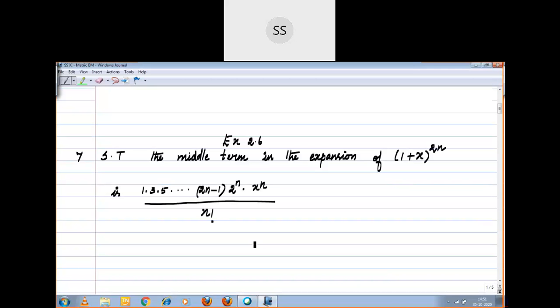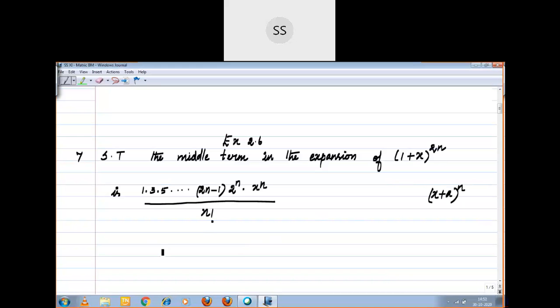Right? Here they said show that the middle term in the expansion. First you should write what is n, what is x and what is a. Our general format is (x plus a) the whole power n, binomial theorem, right? So here the place of x you have 1, the place of a you have x, and n is 2n.